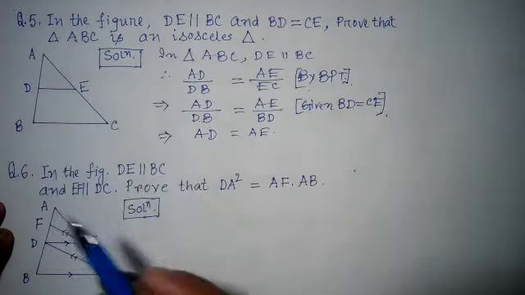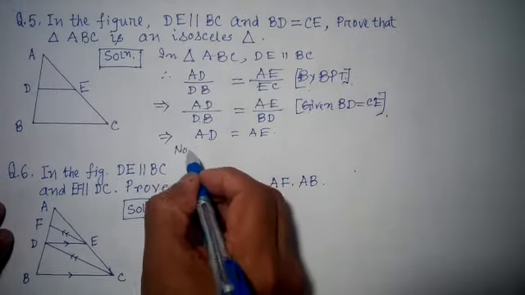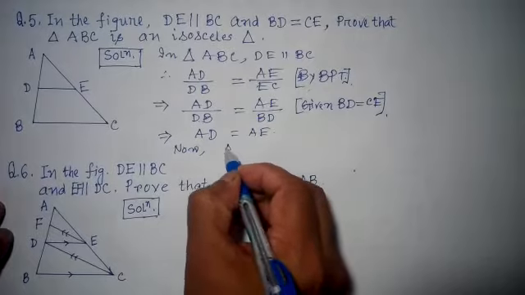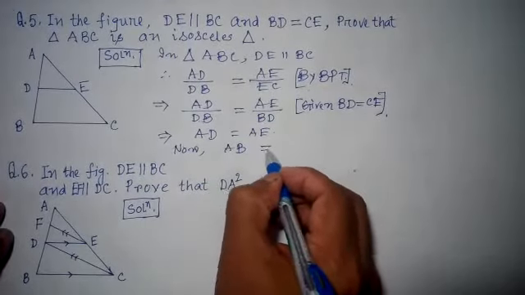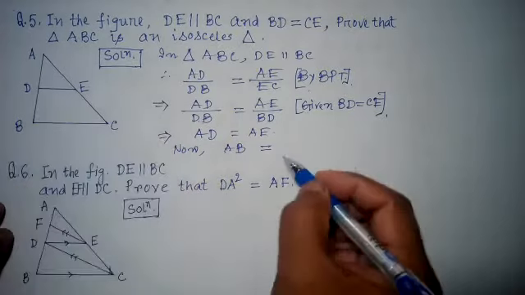AD is equal to AE. So now let us find the value of AB. AB is equal to AD plus DB.